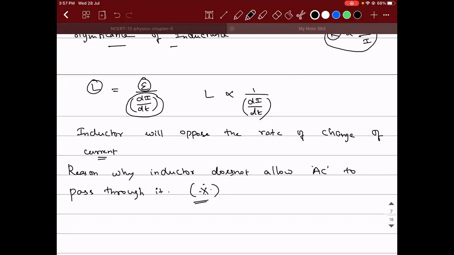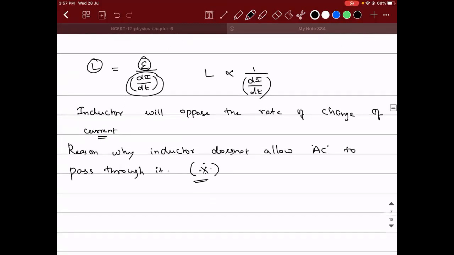So with this, we have completed the basics of inductance. Okay. Next, what we are supposed to do is see what the self-inductance value and mutual inductance value are for solenoids, which we will see in the next class. Okay.